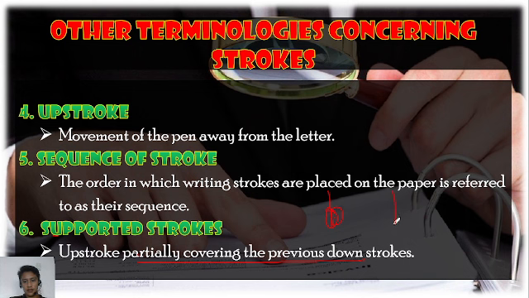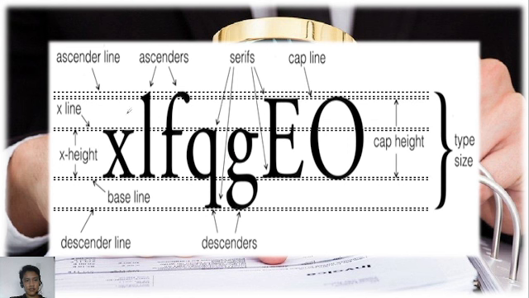So yung downstroke natin is letter B, and we were able to create an eyelet or a bowl in here. We are referring to it as a supported stroke. So that is for strokes. And just a brief review on it.